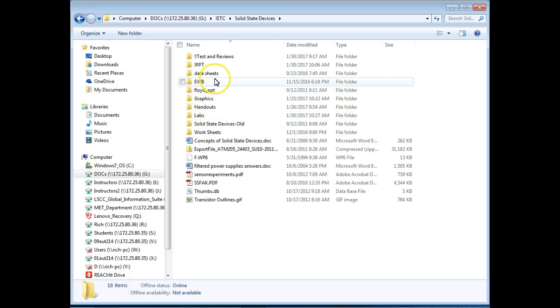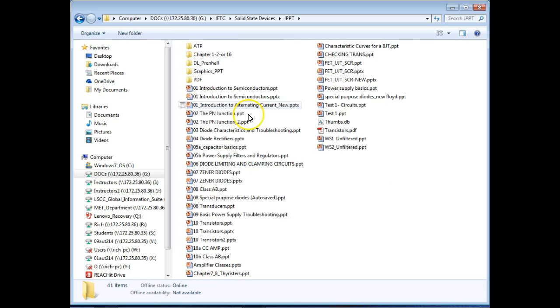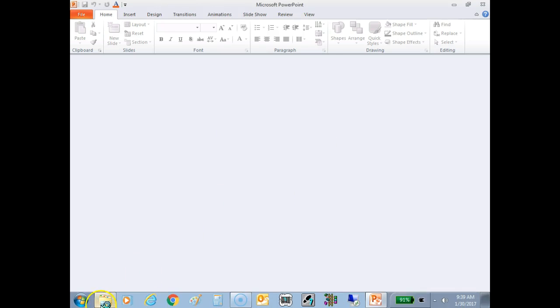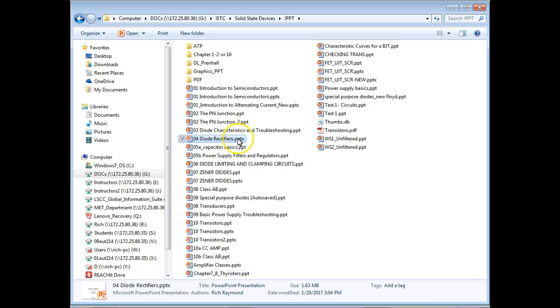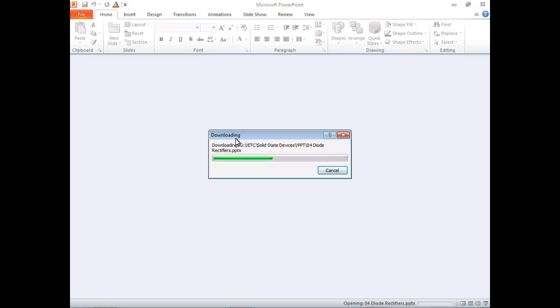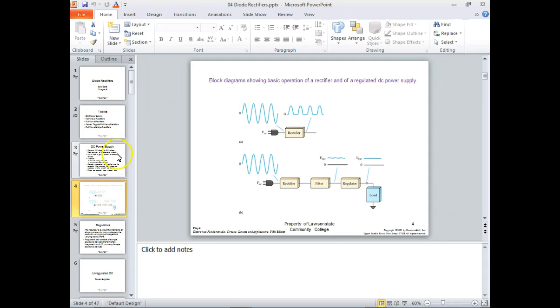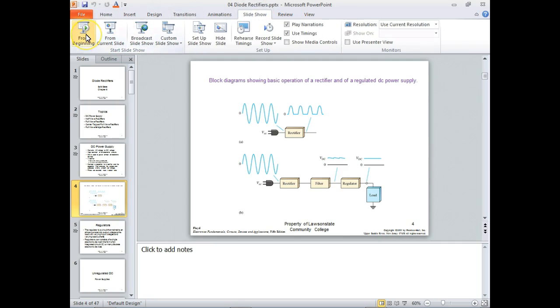So right now, as I get my PowerPoint up, this is basically the makeup of a power supply, and we're going to add to this as we go along.